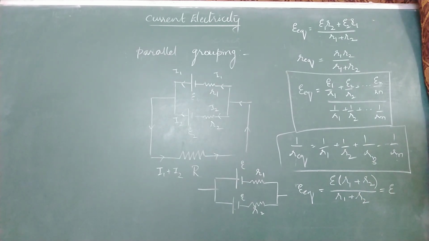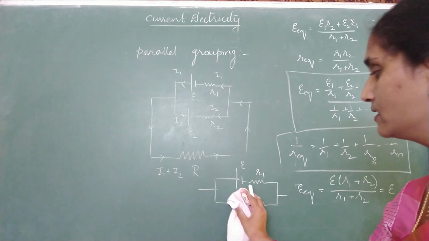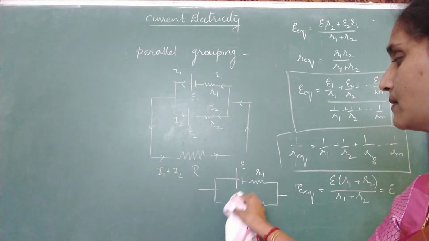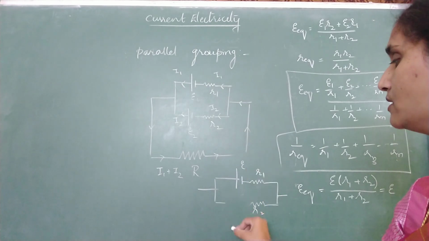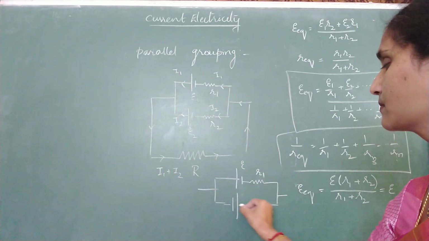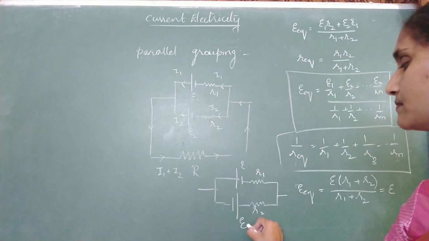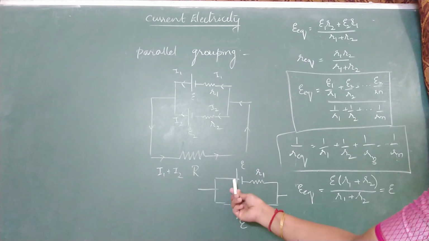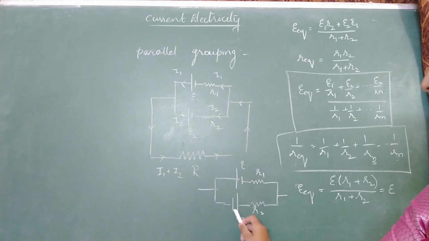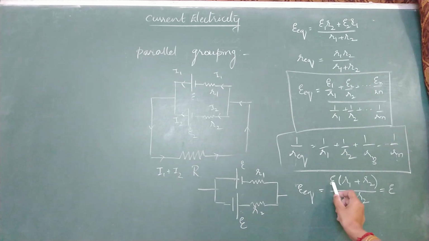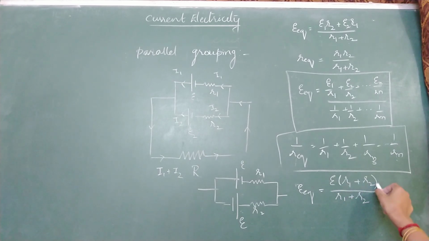Now the third case. What is the answer for this question? Say I am taking the EMF opposite. One cell is positive to negative, but the second one is reversed. So when you reverse the second one, will this be E into R1 minus E into R2?